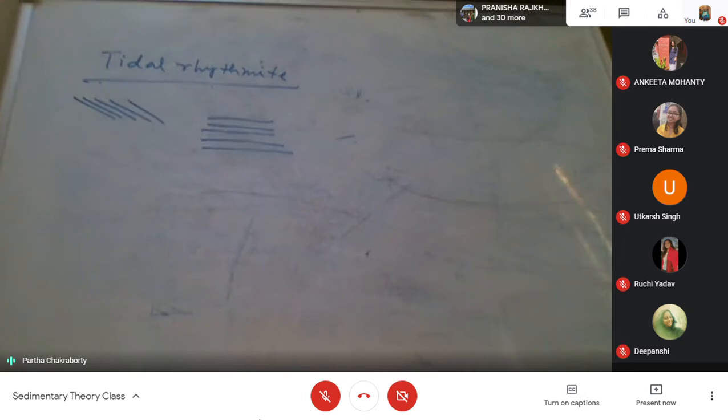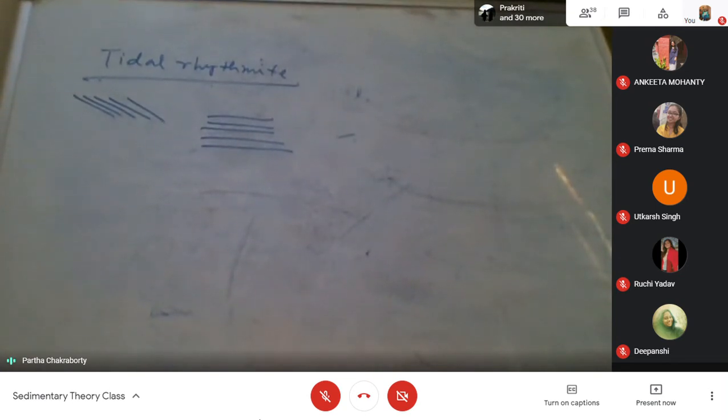These tidal rhythmites help us in identifying the paleotidal condition, whether the tide was a diurnal tide, a semi-diurnal tide, or whether we are getting a lunar monthly cycle or a bi-monthly cycle.